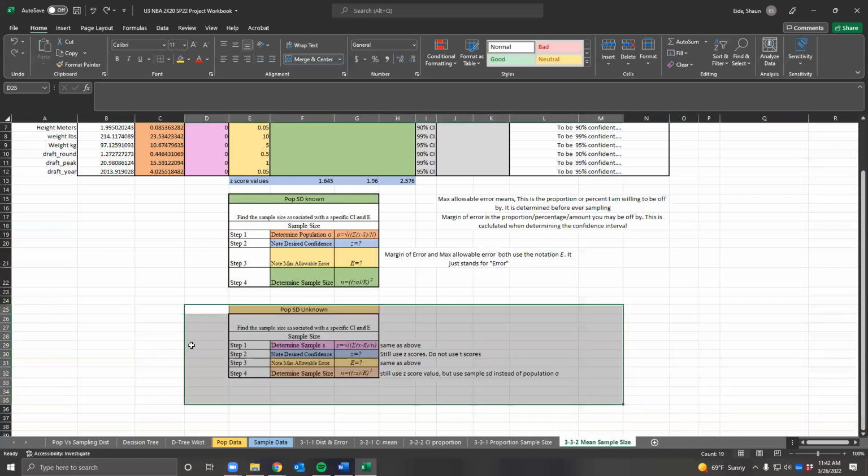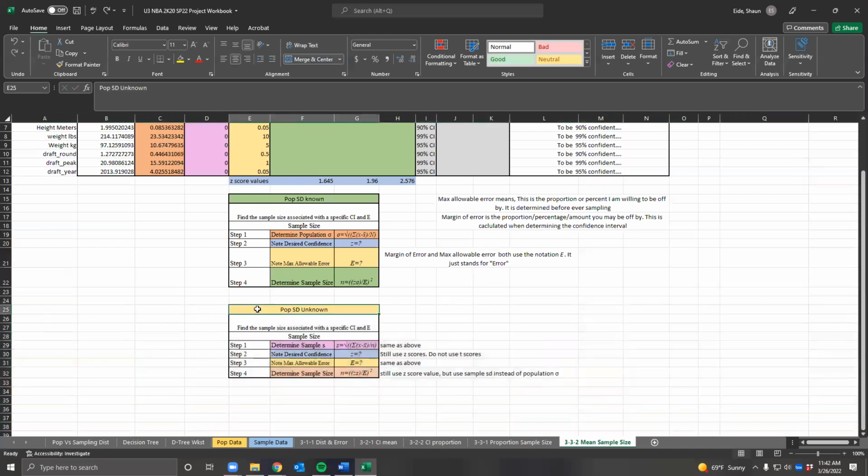The thing is, I used to require this, but you can calculate this based off of a previous sample that has been done and a sample standard deviation. If you have a previous sample that's been collected and a previous sample standard deviation, you can use a t-score instead of a z-score.